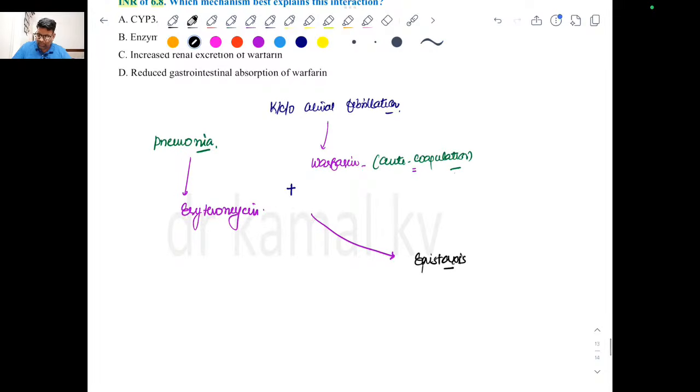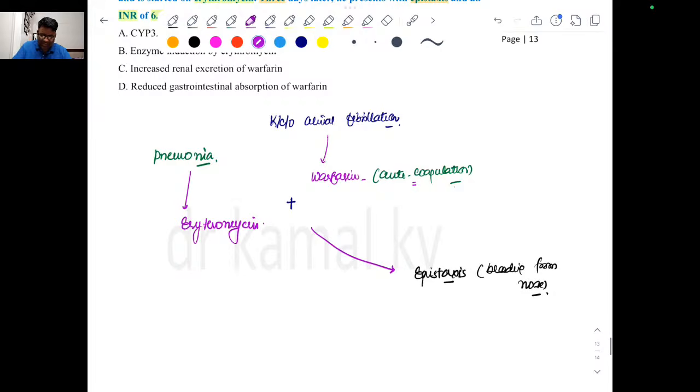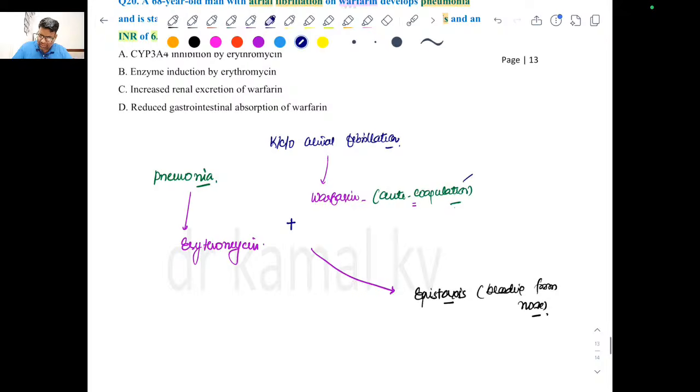Epistaxis, that is bleeding from the nose. So, it means the effect, yes, very good Imran, you got that thing. So, this anticoagulation effect is now increased, and how can it be increased?